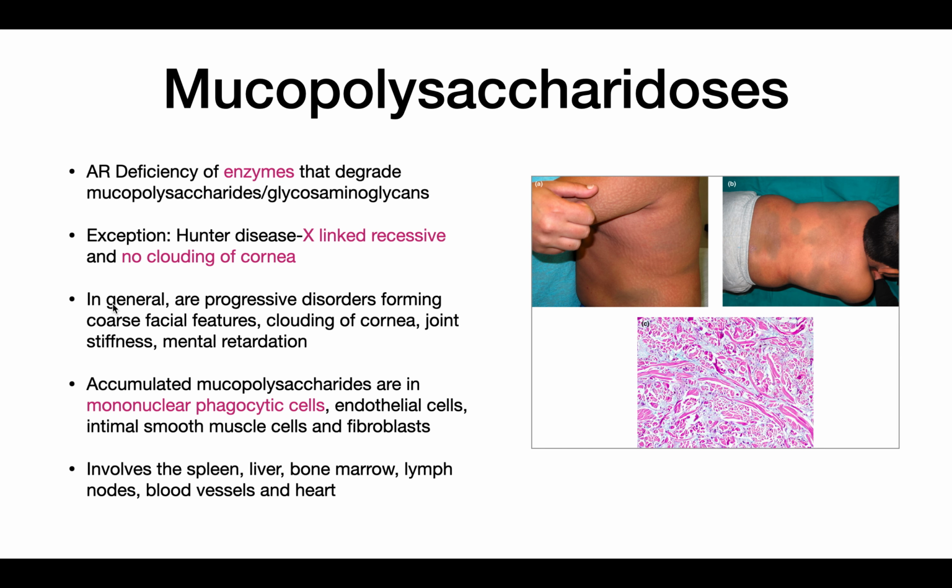In general, there are going to be coarse facial features, clouding of the cornea, joint stiffness, mental retardation, and accumulation of mucopolysaccharides in the mononuclear phagocytic cells, the endothelial cells, smooth muscle cells, and fibroblasts. They are also going to involve the lymphoid tissue, the heart, and blood vessels.